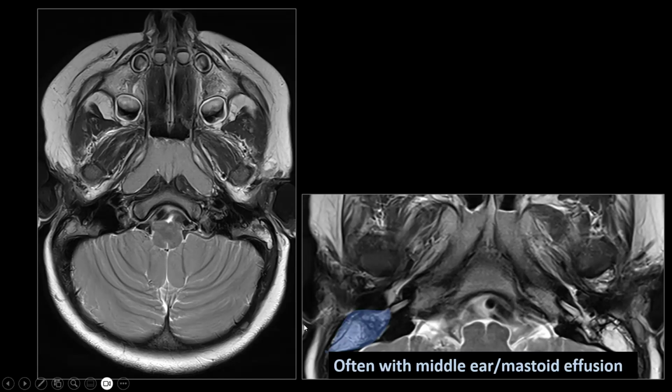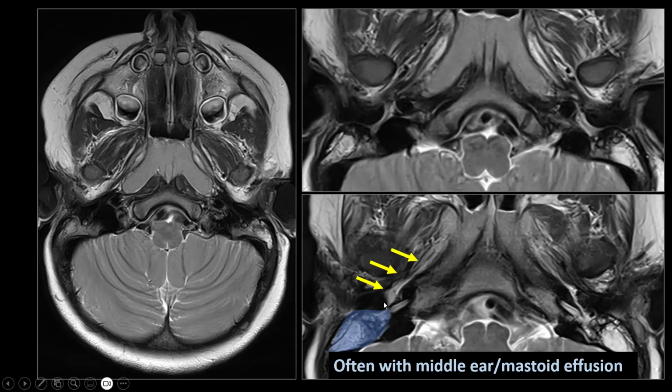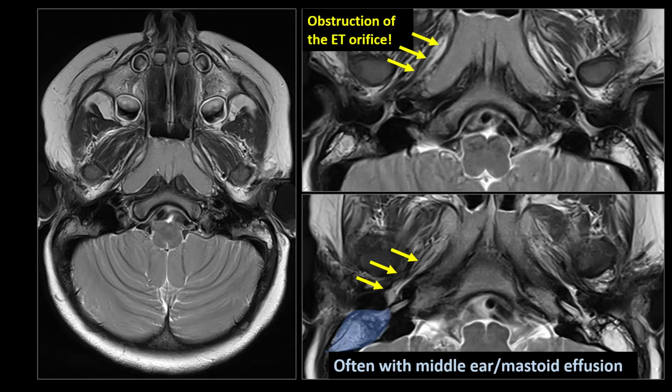And why is that? Well, I said to you that the Eustachian tube is responsible for the drainage of secretions from the mastoid and middle ear into the nasopharynx. Here we see the Eustachian tube dilated and filled with fluid, and we can follow it all the way to the presumed orifice of the Eustachian tube, and there is an obstruction of the orifice by this hyperplastic nasopharyngeal adenoid tissue, and this can cause chronic middle ear and mastoid effusions.